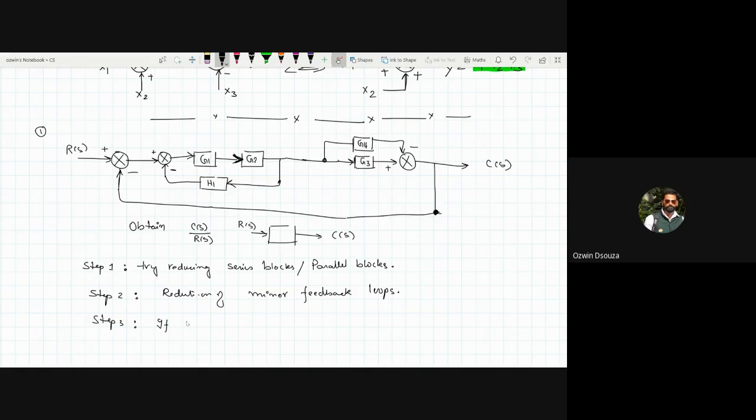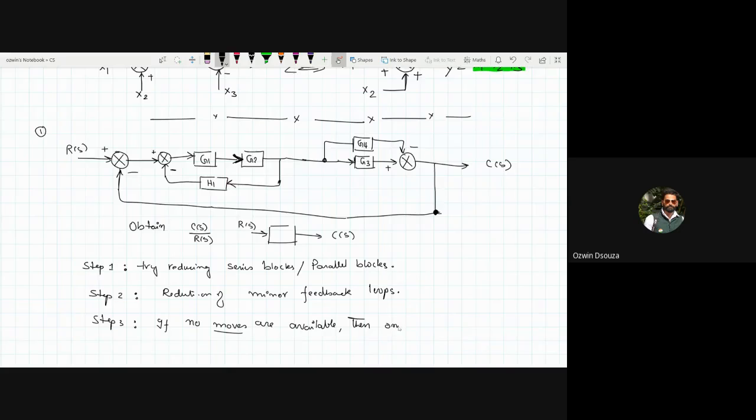If no moves are available, as in step 1 and step 2 are not available, if you don't find any series or parallel connected blocks, or any minor feedback loops, then you can think of applying the other rules of BDR technique.